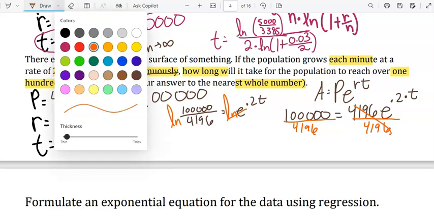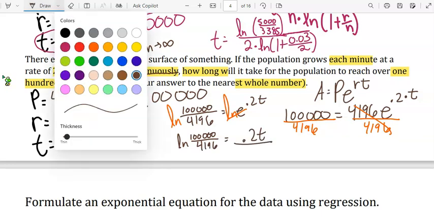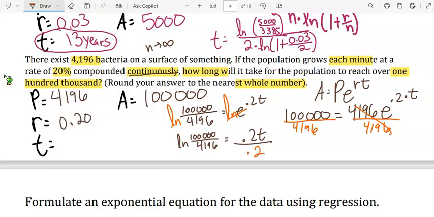And then we'll rewrite it again. ln of 100,000 over 4,196 equals 0.2 T. To get the T by itself, divide each side by 0.2. And then we have T equals ln of 100,000 over 4,196, all divided by 0.2.